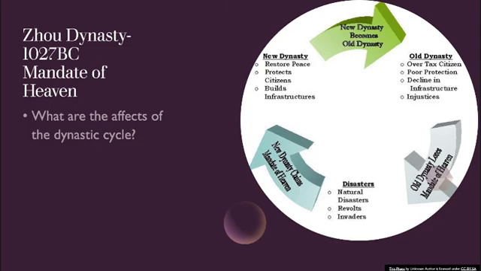The mandate of heaven. So this means that it is the responsibility of the king to protect everything. And if his people are safe, if no natural disasters occur, if things are going good in the natural world, then the ancestors and the gods are pleased with the king's performance.